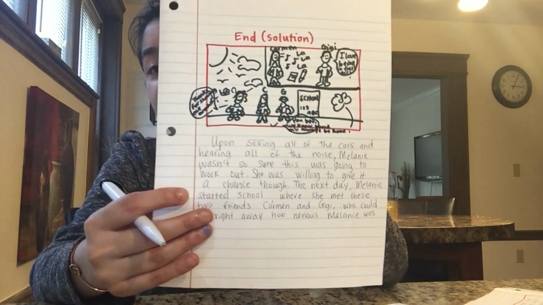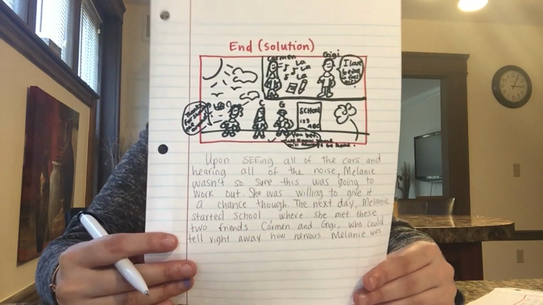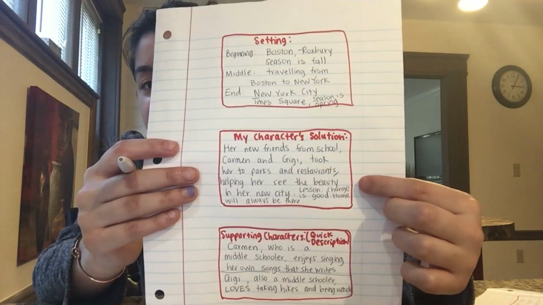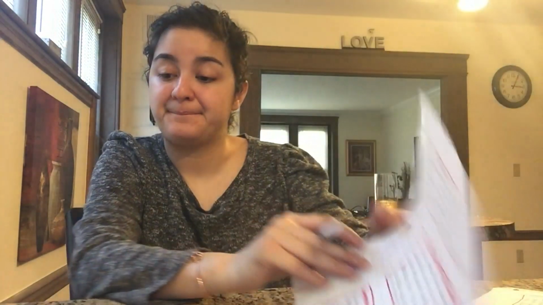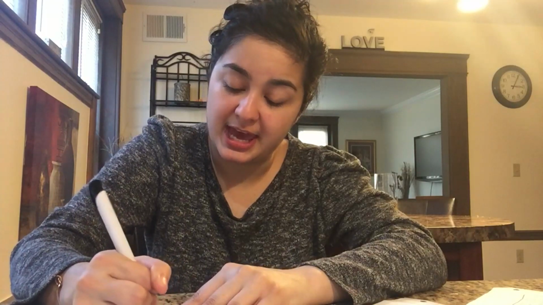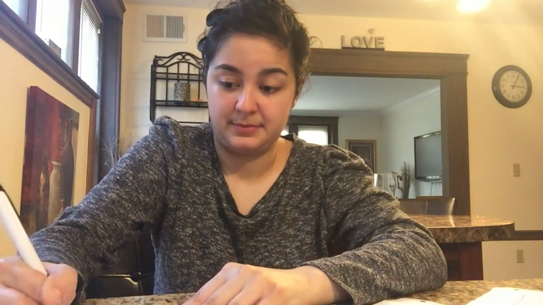Okay, so Carmen and Gigi are seeing how nervous Melanie is, and now they're going to act on it. I'm going to specifically say what they did because they are the ones that helped her feel better. I know that because that's in my solution. So they said to each other, hey, why don't we show her around and take her out?